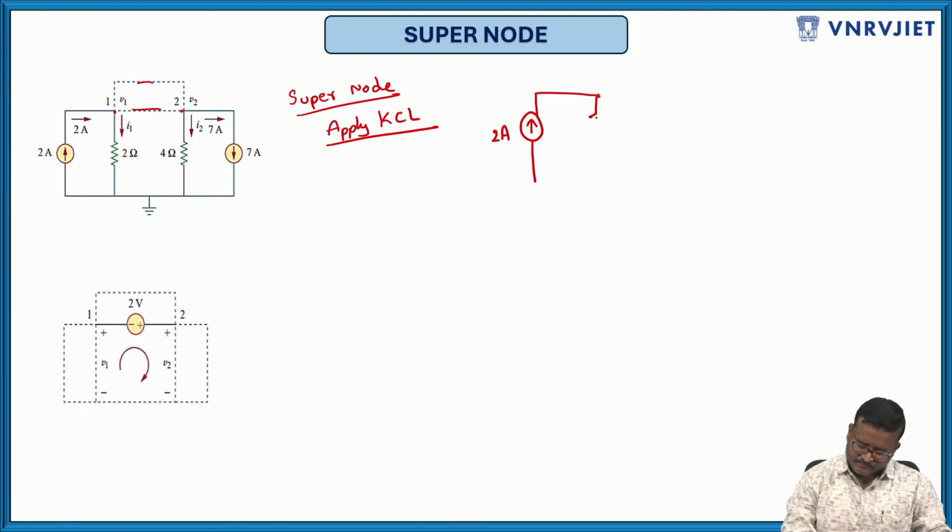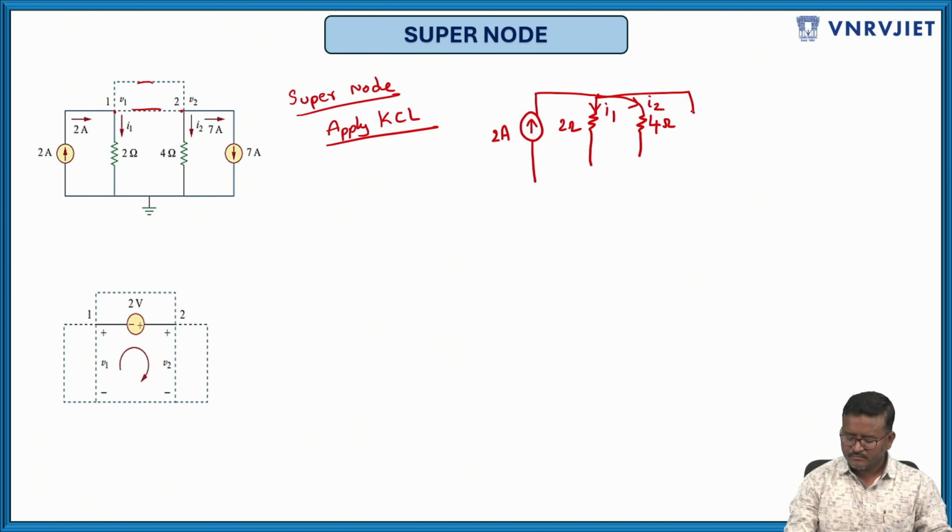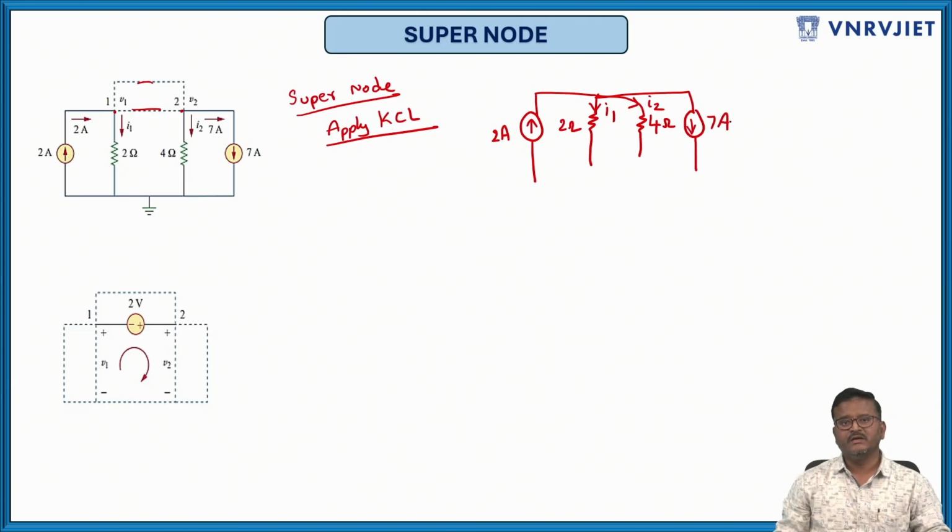Then the 2 ohm resistor branch, the current here is I1. Then the 4 ohm, the current is I2. Then the 7 ampere current that is leaving. Now apply KCL. One entering current and 3 leaving currents.